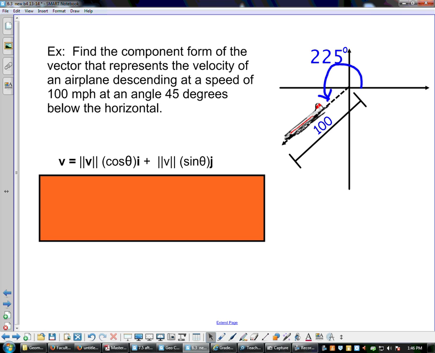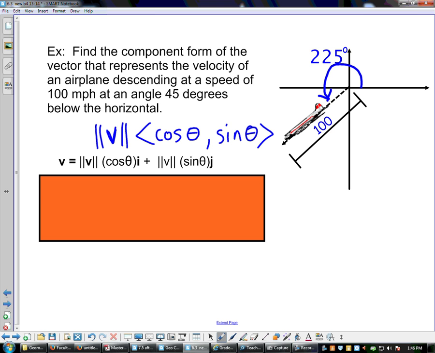So remember that the vector v is going to be magnitude of vector v times cosine theta i plus magnitude of vector v times sine theta j. We could have also just written this as magnitude of vector v times, in component form, cosine theta comma sine theta.